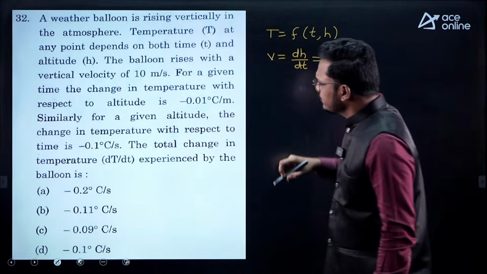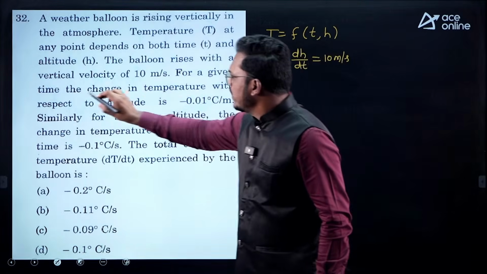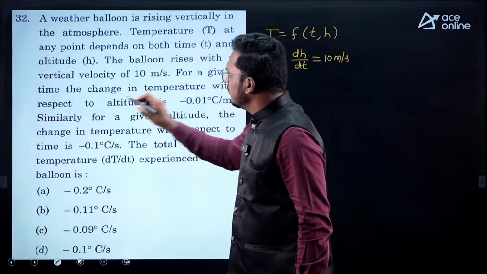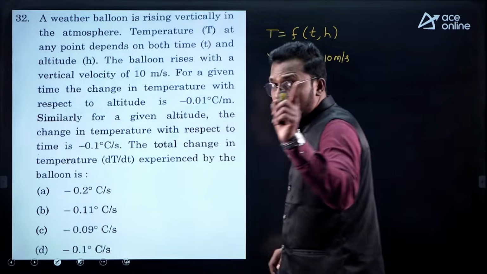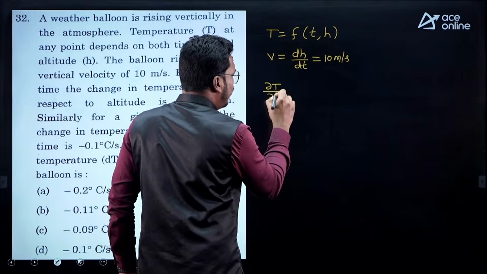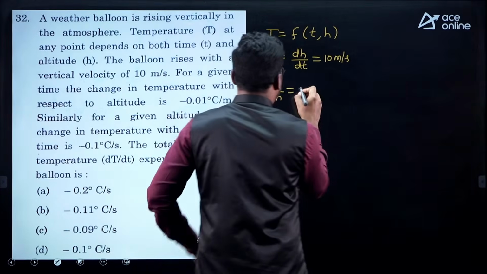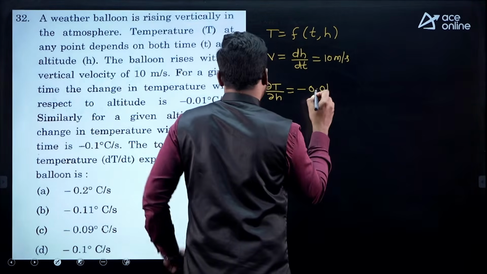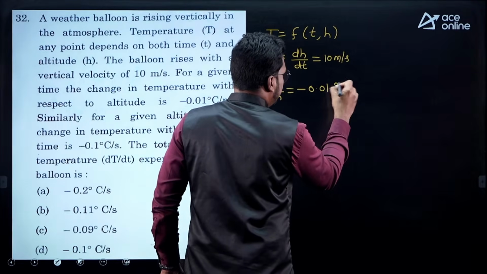Then for a given time, the change in temperature with altitude, dou T by dou h, is minus 0.01 degree Celsius per meter.